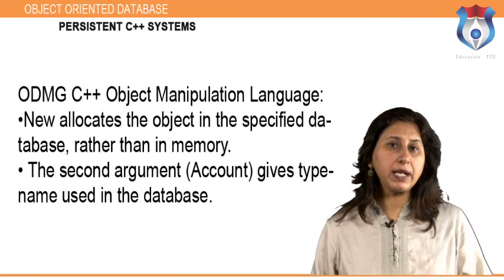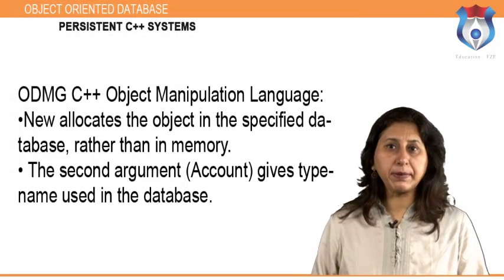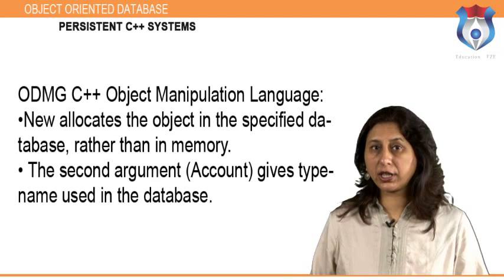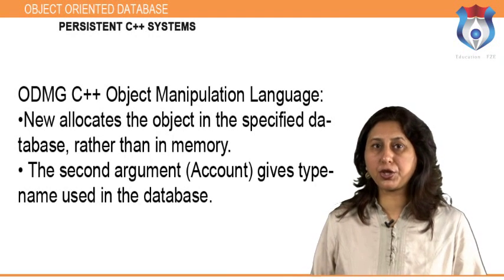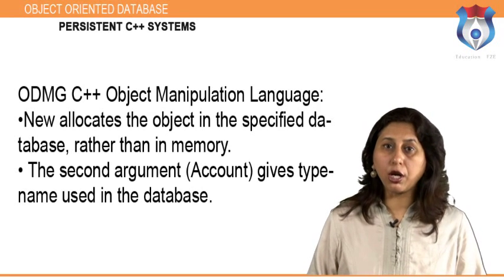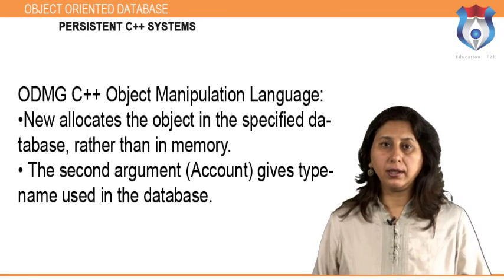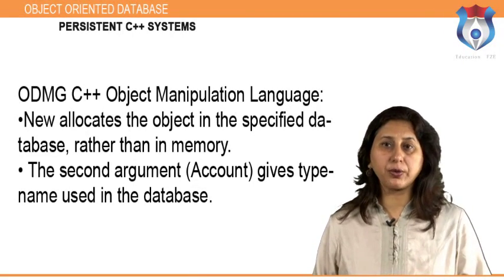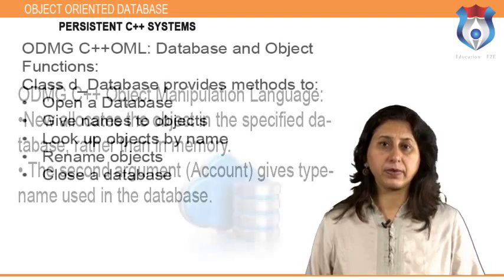The second argument, "Account", gives the type name used in the database. Constructor for a class is a special method to initialize objects when they are created, called automatically on the new call. Class extents are maintained automatically on object creation and deletion.